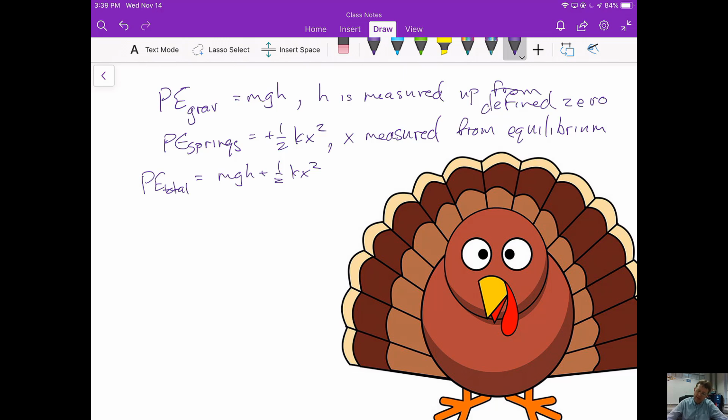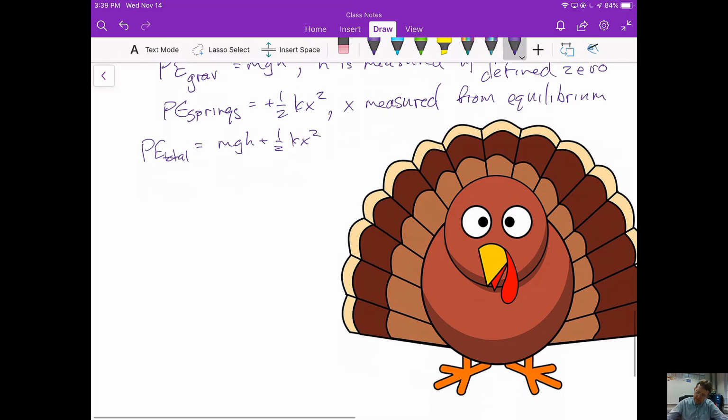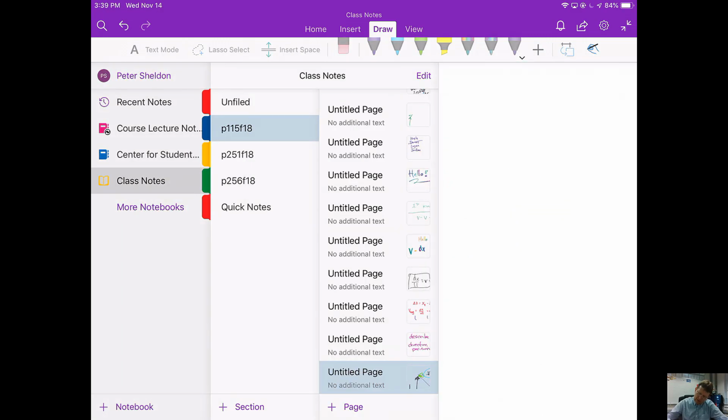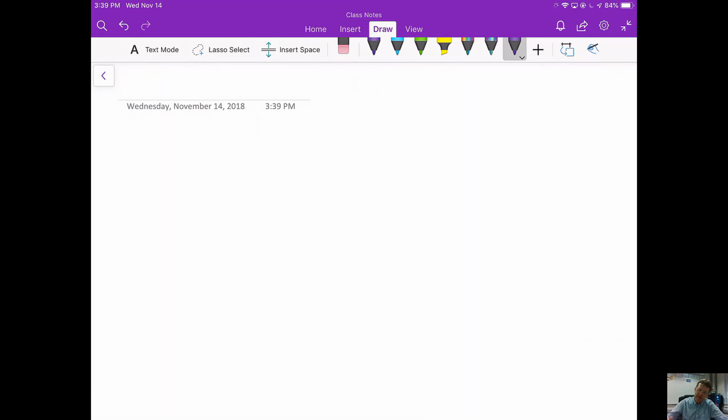Okay, so let's go ahead and do a problem with springs and gravity. Let's do the problem that we were doing in class the other day: the spring-loaded gun, or spring-loaded platform, or spring-loaded anything that can shoot a projectile.